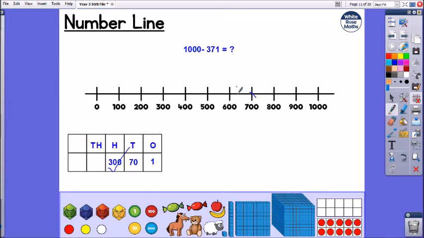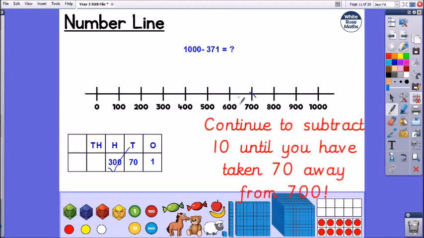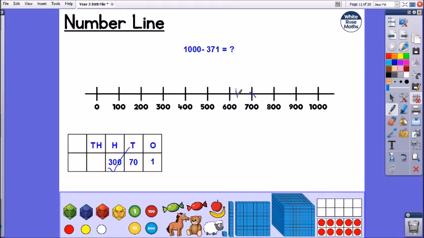Carry on taking away tens until you land on the number. So 700, take away 70, you're going to end up with a number about here, and it's going to be the number 630. I can tick this off.